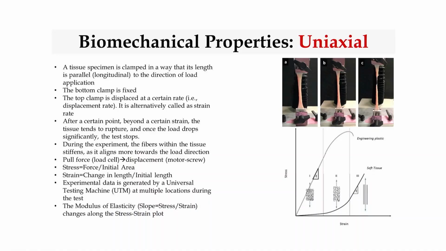What you see here on the graph on the very bottom right is a soft tissue response, the bottom hard black line plot, showing stress versus strain, which is an adaptation of force versus displacement, where force is on the y-axis and displacement on the x-axis. If you divide force by the initial area, you will get stress, and displacement divided by the initial length will give you strain. So these are normalized quantities.